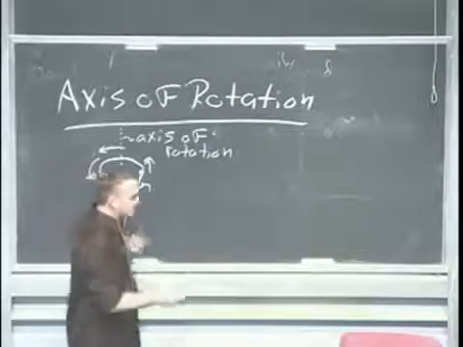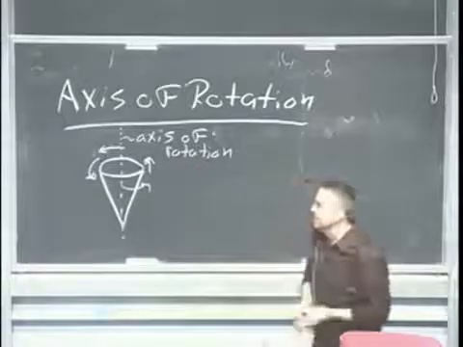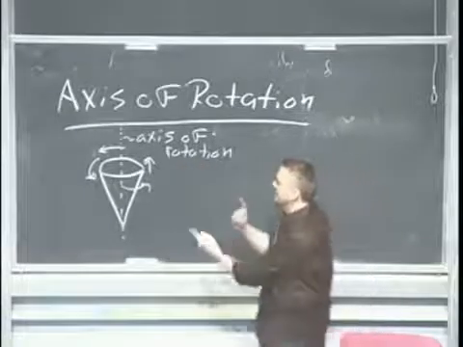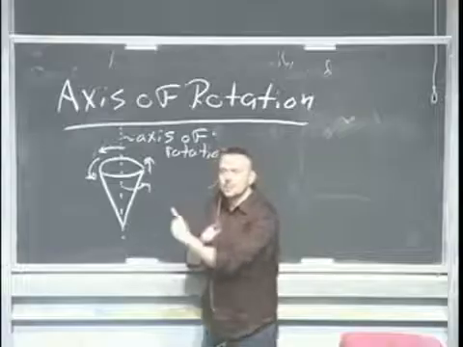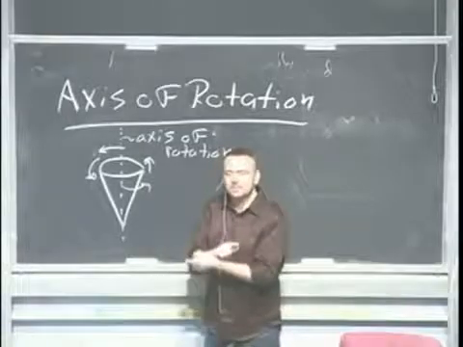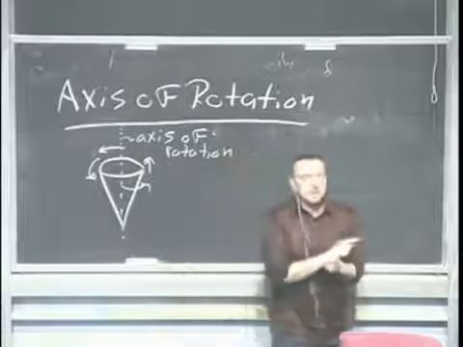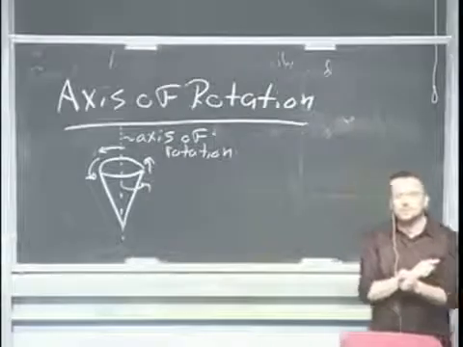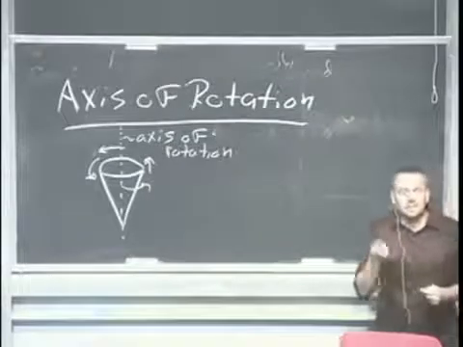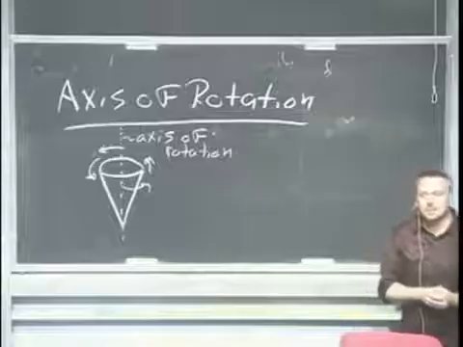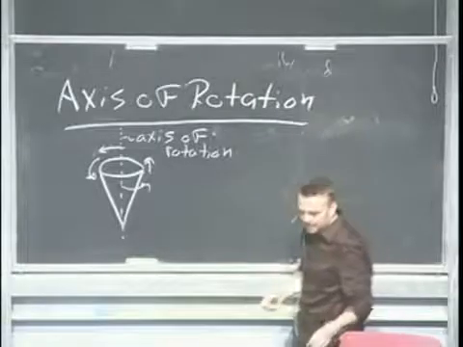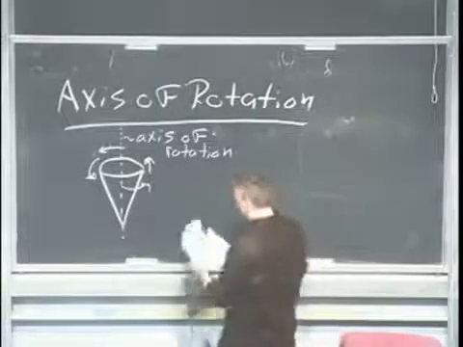Okay, so another thing to note about this is that the object could be spinning either clockwise or counterclockwise around that line. So we differentiate those because it's important to know when an object is spinning, whether it's spinning clockwise or counterclockwise. So that's a difference in the angular motion.